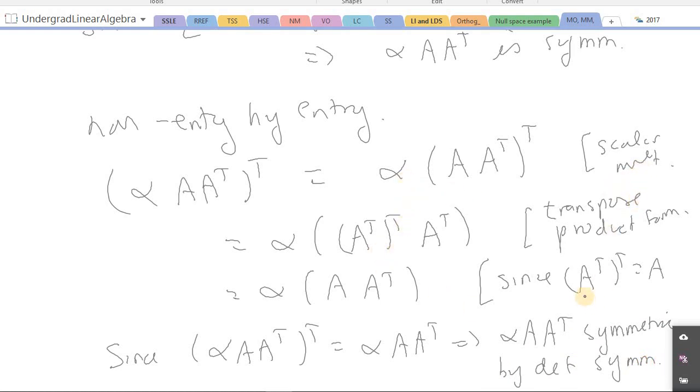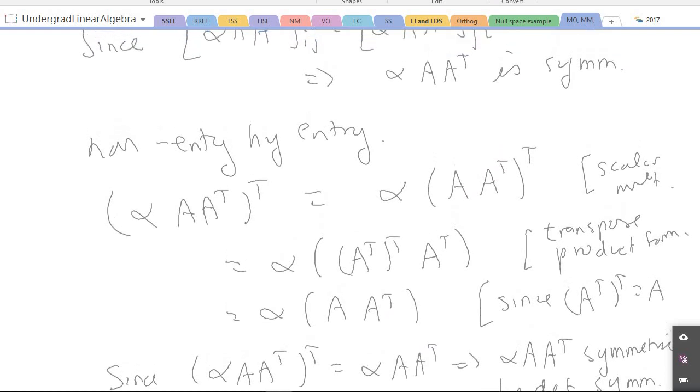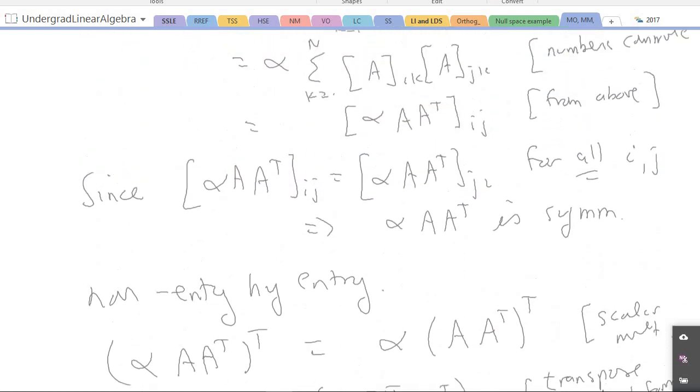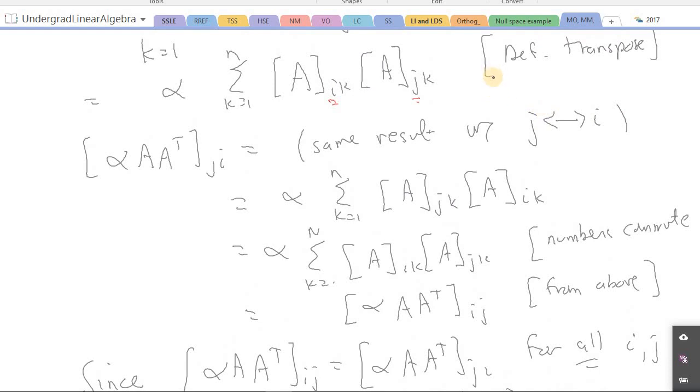I give each step and I give a reason, and then using the definition of symmetric, that tells me that the matrix is in fact symmetric. So you should be comfortable both with this type of proof using the properties and the type of proof using the entry-by-entry method. Okay, so there are several proofs in the book that do entry by entry. I advise that you study those, and you'll see that those are quite similar to the procedure that I've done here. Okay.